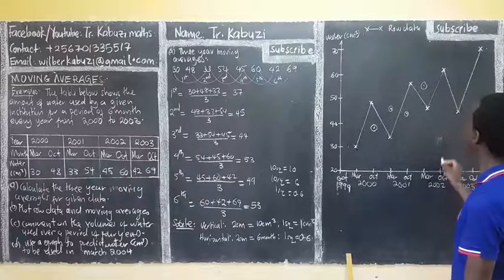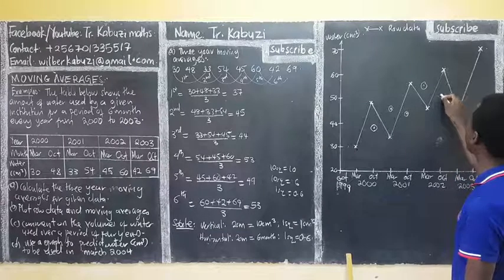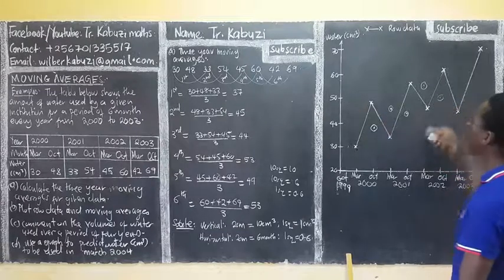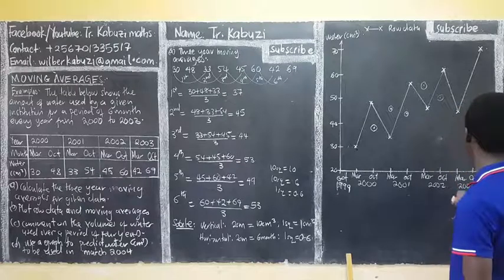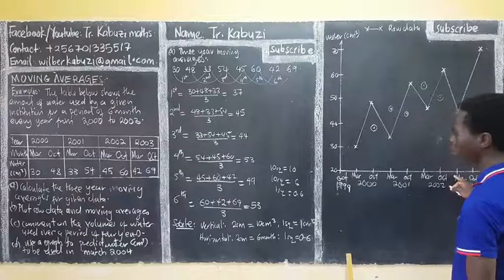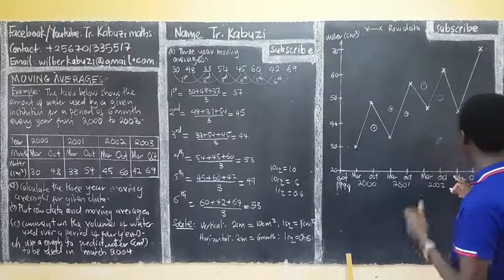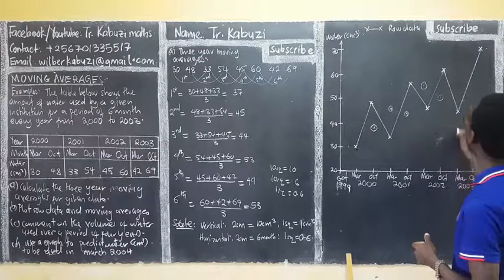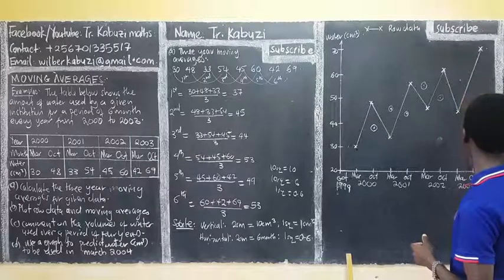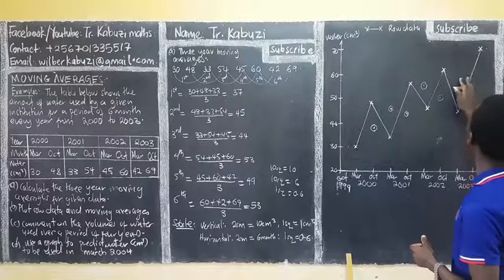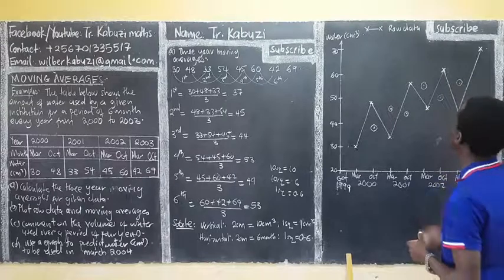It's going to be October. 49 is a bit below 50. Below 50. That's where I'm going. Your graphic can easily put them. Then 53, the March of 2003. That's where my 53 is going to be. It's exactly there. Then you can close.